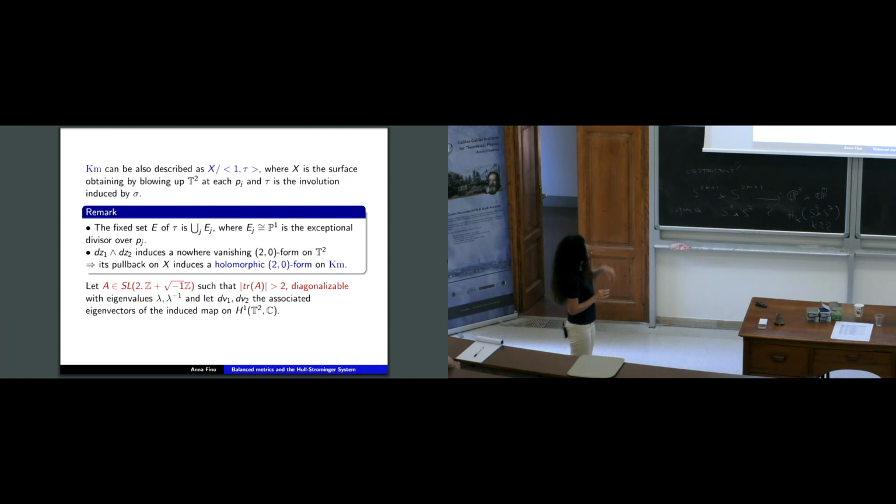You take the surface obtained by blowing up the complex 2-torus at any point and the involution induced by that. That's the same thing. So what can we say about the fixed set of tau? This is a union of the exceptional divisors corresponding to the singular points. But the nice thing is that if you take the standard (2,0)-form, dz1 wedge dz2, and take the pullback, this induces a holomorphic (2,0)-form on the Kummer surface.